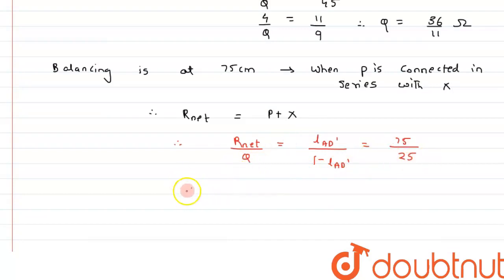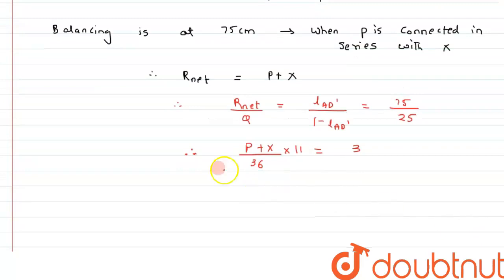So from here we can say the value of R net, that is P plus X divided by Q, which we have calculated above as 36 by 11, is equal to 3. The value of P is given as 4, so 4 plus X is equal to 36 into 3 by 11.